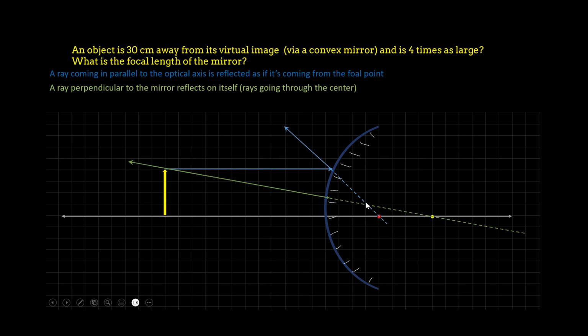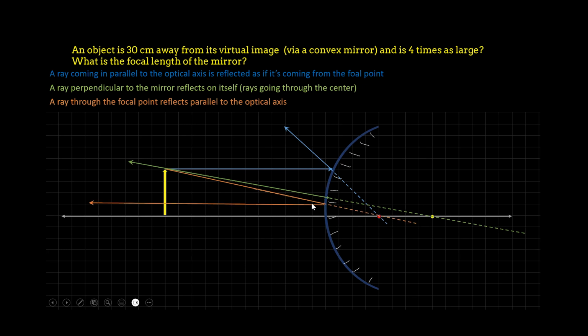And again, I'm showing you that it would have gone through the center if it wasn't for the mirror. And the one going through the focal point gets interrupted, bounces back parallel, and we trace them back over here, and the image sits at 3 units away, 1, 2, 3, which is 6 centimeters, which is exactly what we got before.